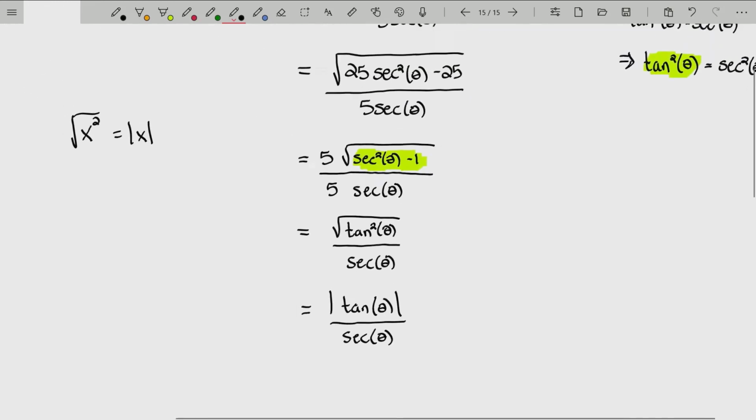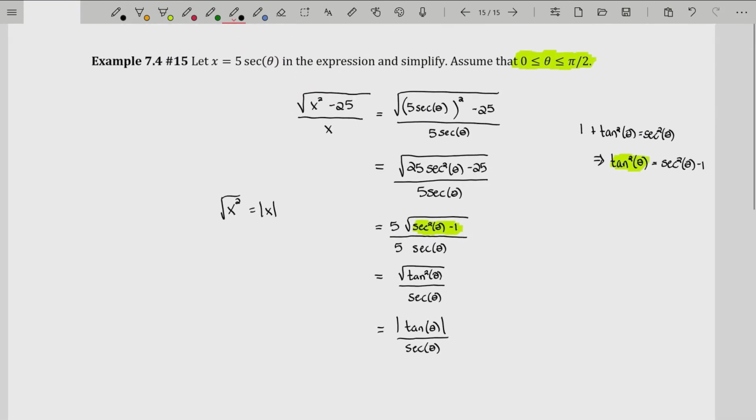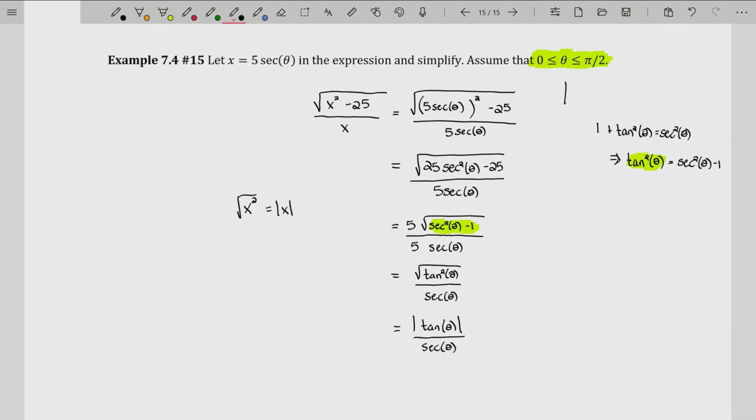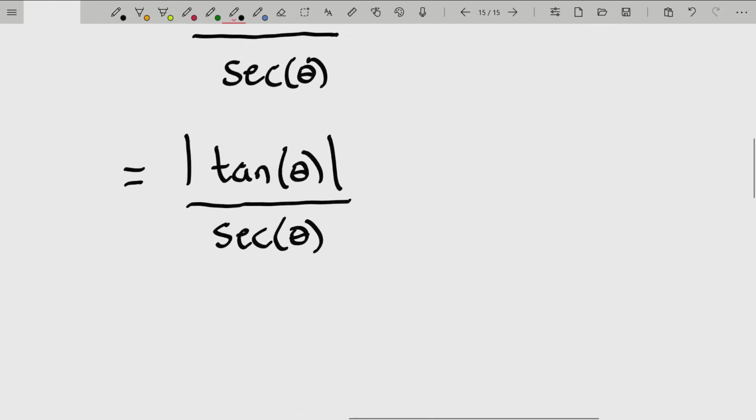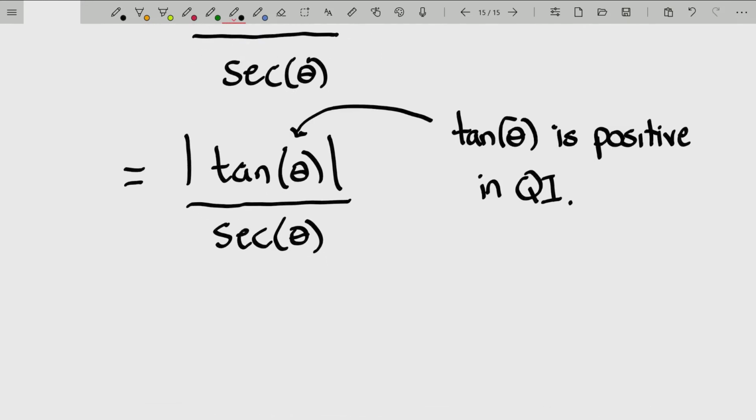And because we're in quadrant 1, our angle was told to us to be in quadrant 1, all of our trig functions are positive in quadrant 1. So that tangent of theta, it's positive. Therefore, we can remove the absolute values. So we have tangent theta over secant of theta.